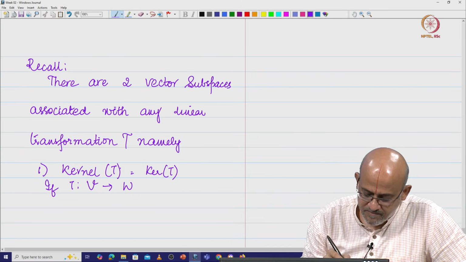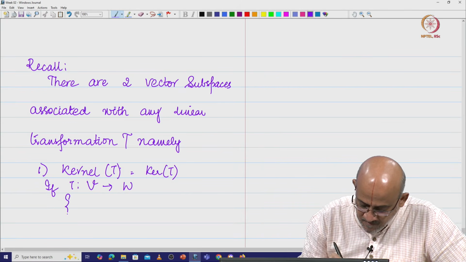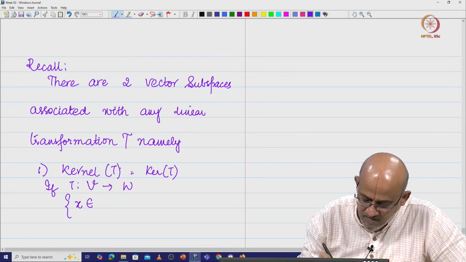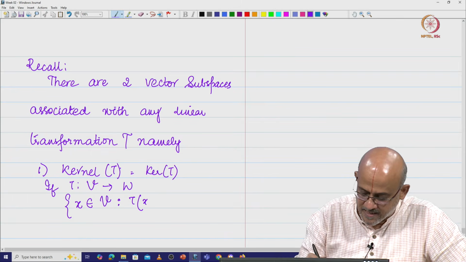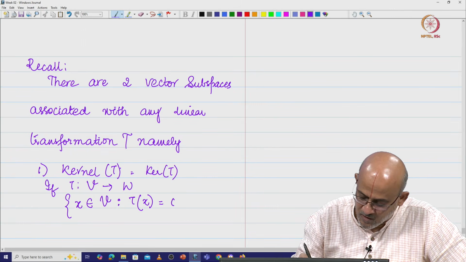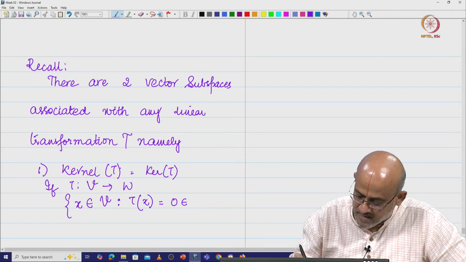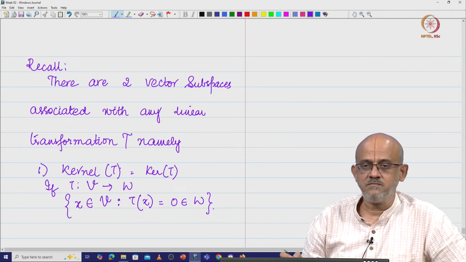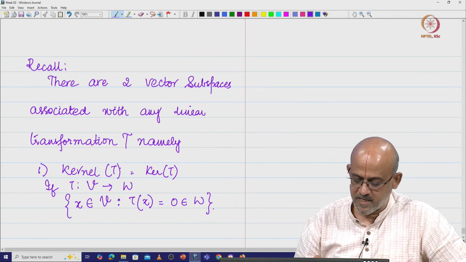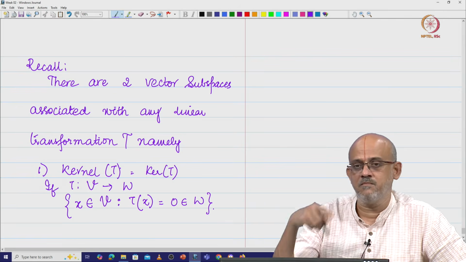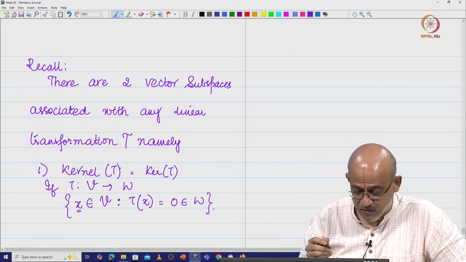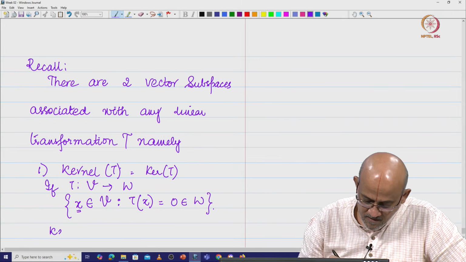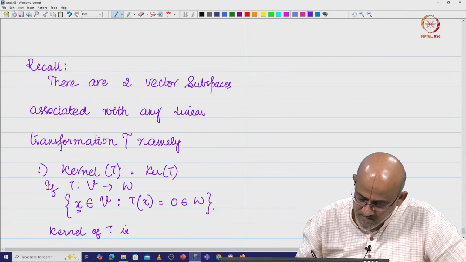Therefore, the kernel of T is basically the set of x vectors in the vector space V such that the transformation of x results in the 0 vector in the vector space W. Is that clear? So, we are going to look at the set of all those vectors. Therefore, what we are going to say is that the kernel of T is a subspace of V.